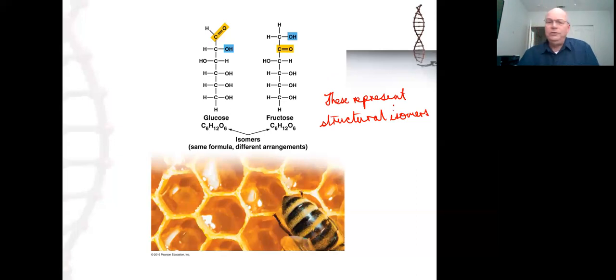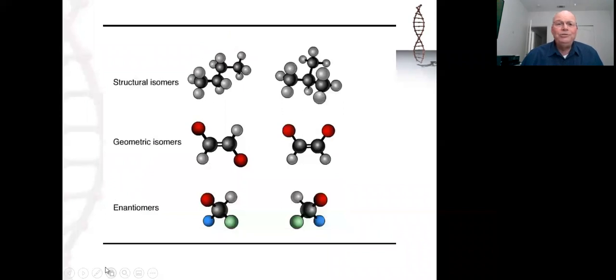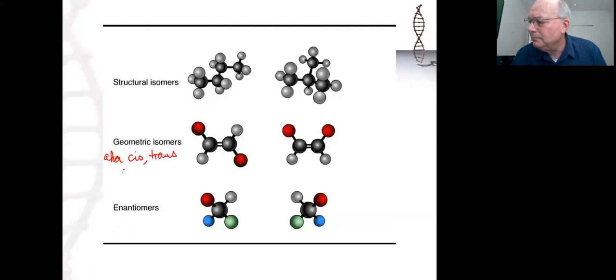And the next animation, which is on the next slide, actually walks you through the 3 different classes of isomers that we recognize. Structural isomers, geometric isomers, that are also known as cis-trans, and enantiomers that are also known as mirror image isomers.